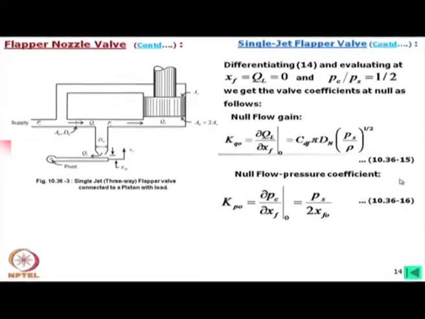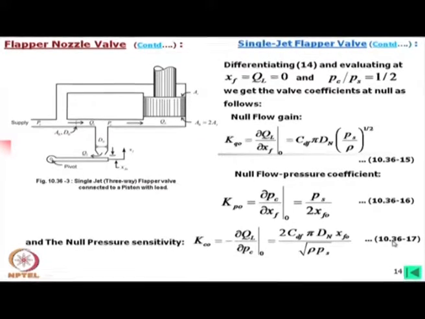And the null flow pressure coefficient is expressed by this, as well as the pressure sensitivity is expressed by these equations. Now, it is important to know the null coefficients for each and every valve, for 3-way, 4-way. So null coefficients are important to understand how good the valve is in performance.